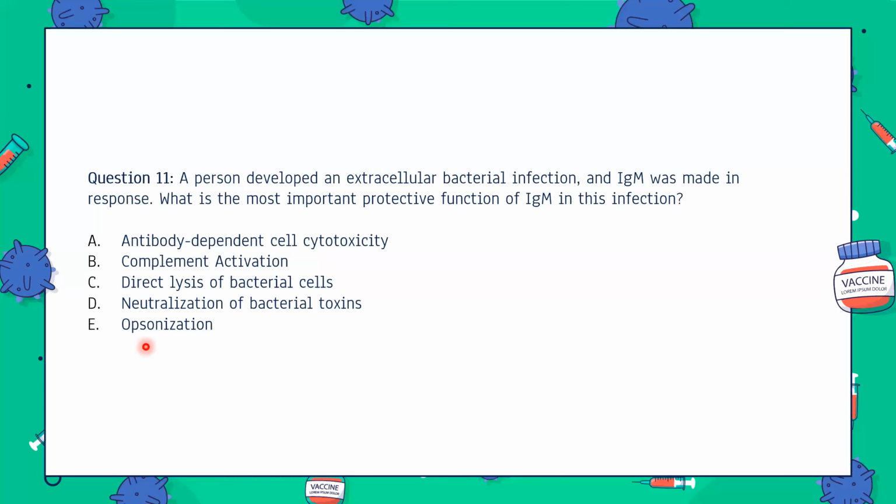Now, opsonization is once again the same thing, because those two are the end products of complement activation. Antibody-dependent cell cytotoxicity is specifically for natural killer cells and is once again just one possible outcome. Then neutralization of bacterial toxins is used, as I told you guys, for vaccinations.